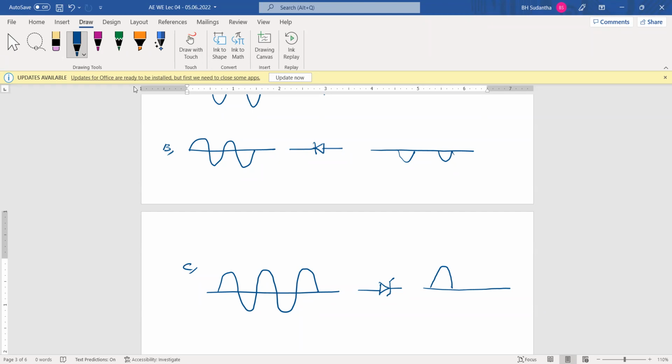Through a reverse biased diode, there is no current. But when we keep increasing the reverse voltage, sometimes this is the VZ, and here this may be VZ. After that, it starts conducting.